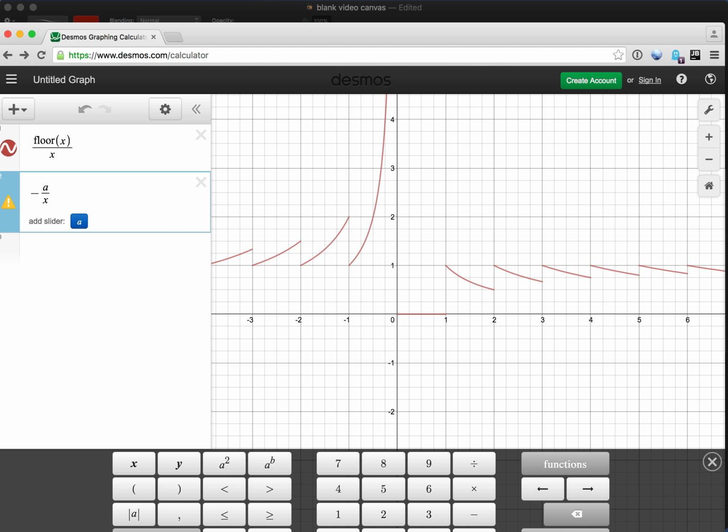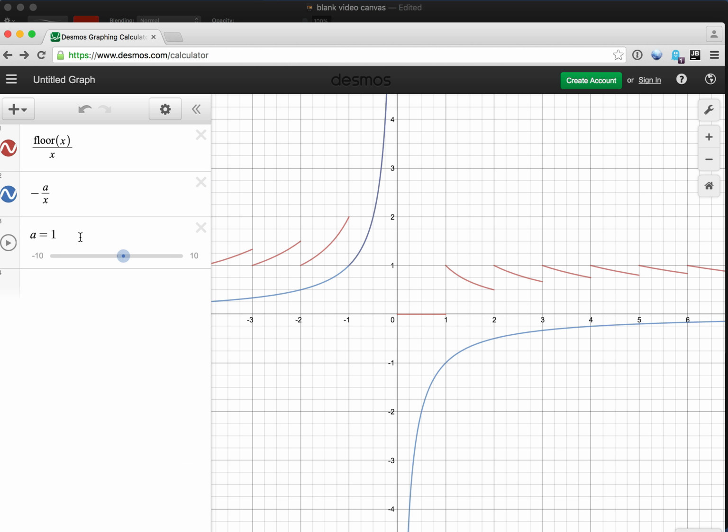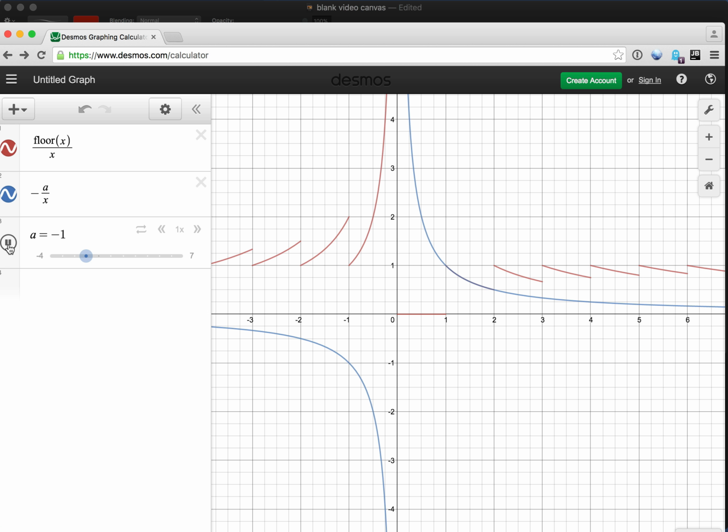You can even make a slider. Look at this. And you can play it. Oh, where'd it go? Oh, it's not the same on the other ones. There you go. Pretty cool, right?